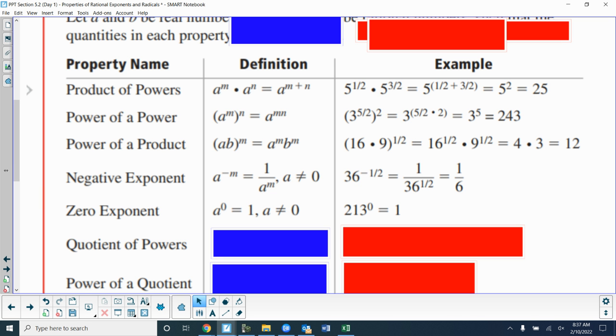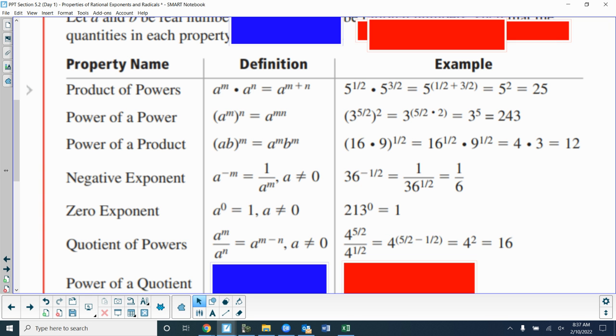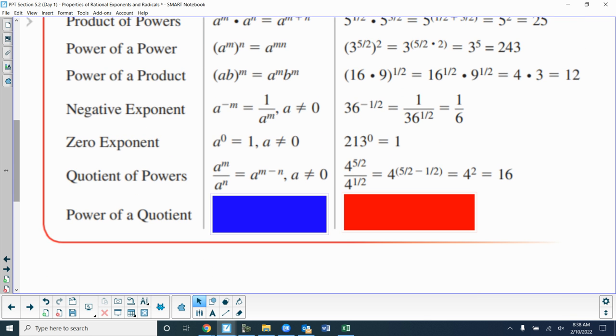All right, quotient, what's that mean to do? Divide. So if you got the same base, what do you do with the exponents? You subtract them, right. So the example 4 to the 5/2 over 4 to the 1/2, you do 5/2 minus 1/2, which is 4/2, which is 2 again. So that comes out to be 16.